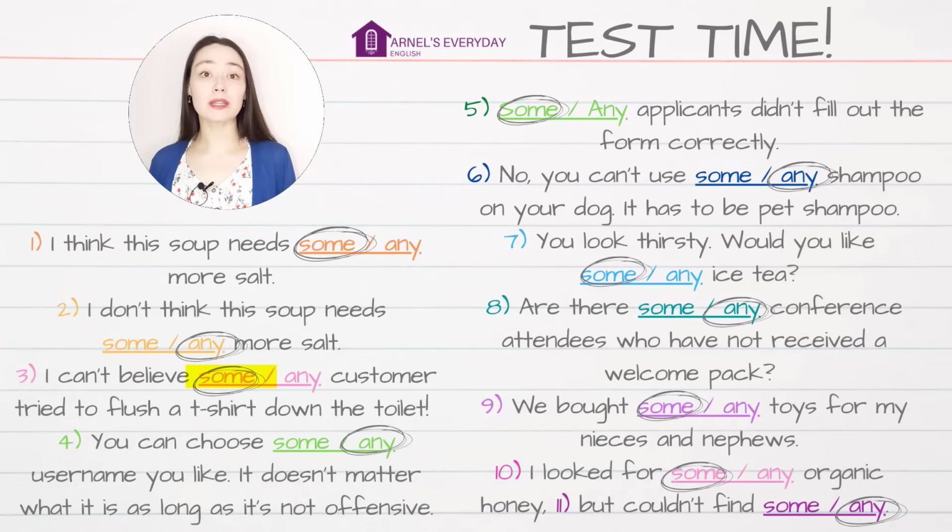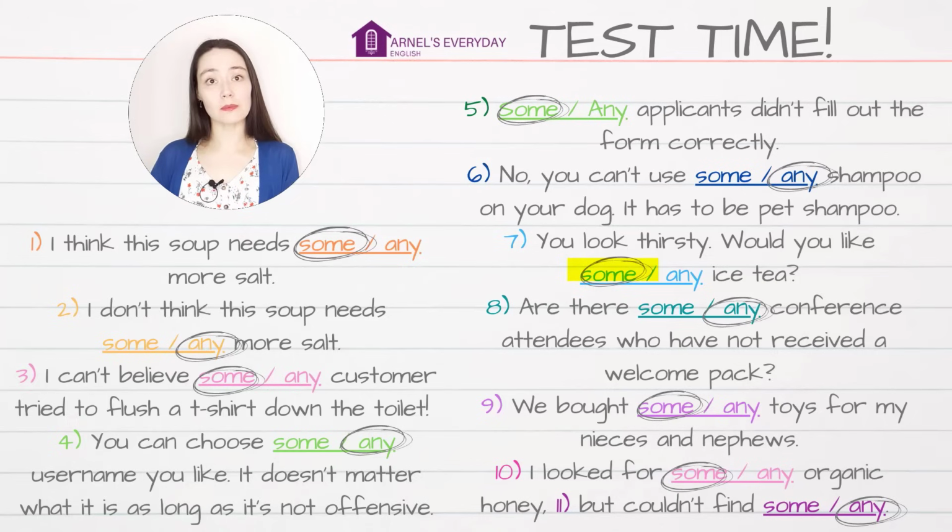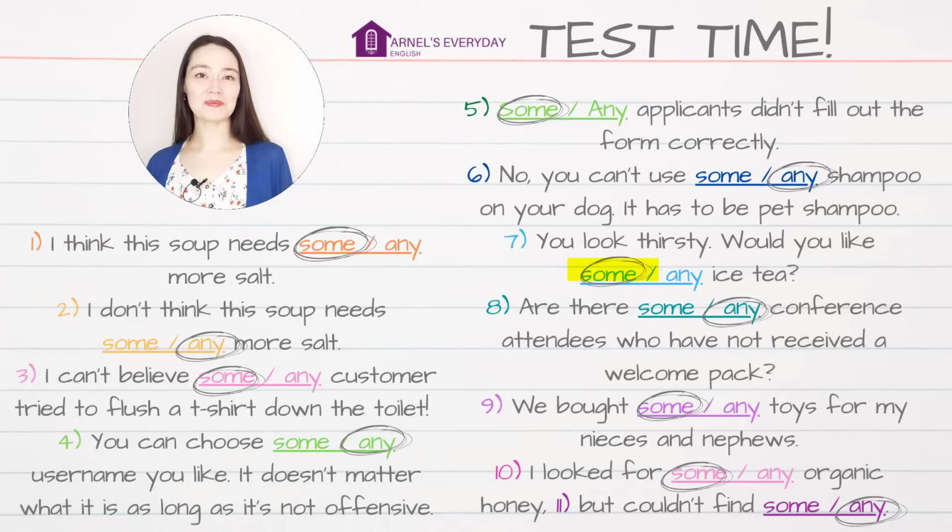Number 3 is a complaint about an unknown customer. Number 4, I use any because it doesn't matter. Number 6 is the opposite. It does matter. For number 7, if you chose any, that would also be correct, but usually when we offer someone something and we expect the answer to be yes, we need some.